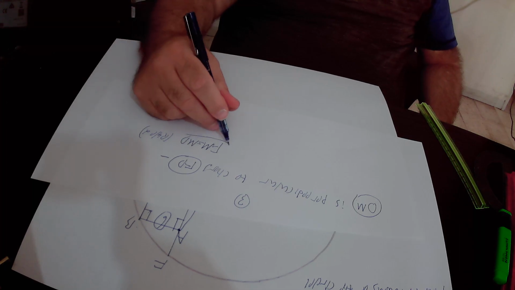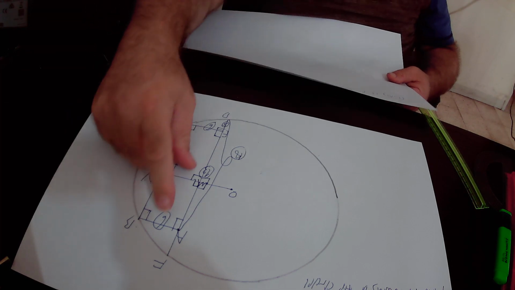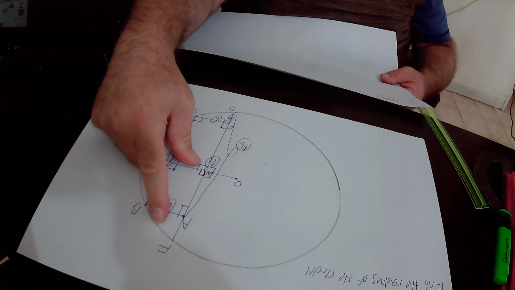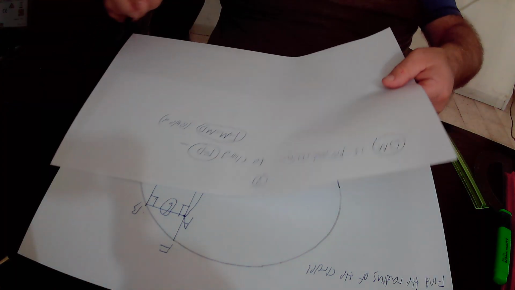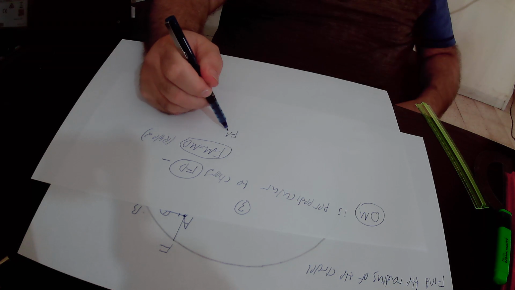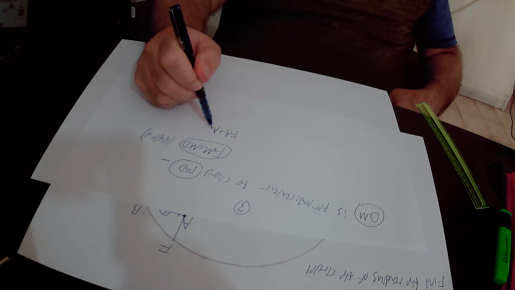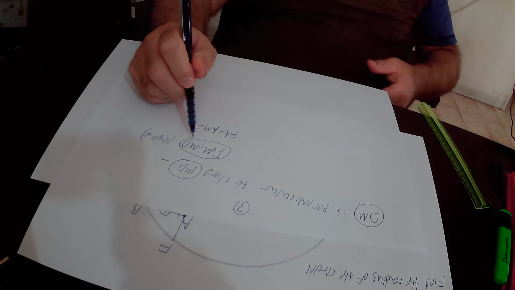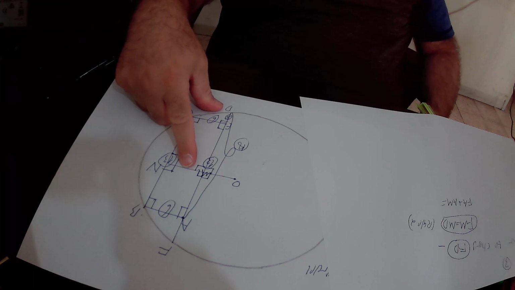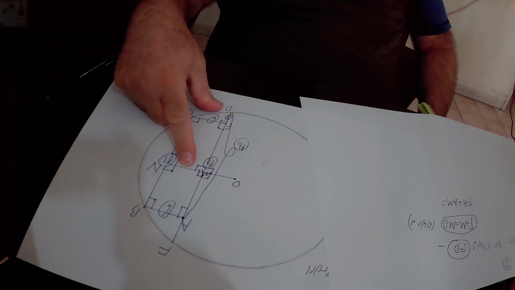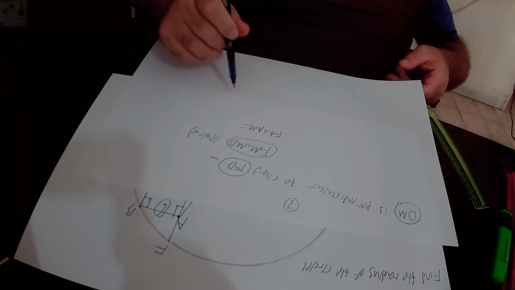FM is also equal to FA plus AM, so we can substitute FM by FA plus AM, and it is equal to MD. Here MD is also equal to ME plus ED.